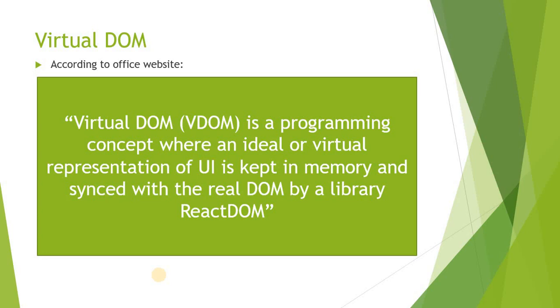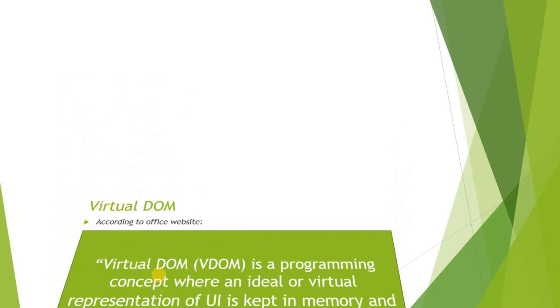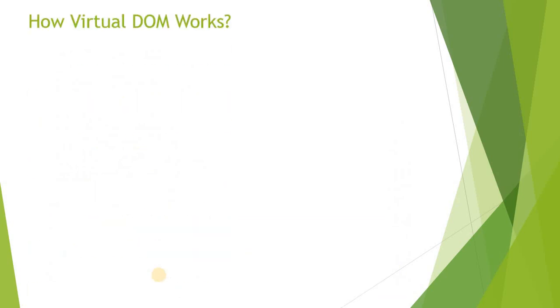Whenever you render your page, React creates a virtual copy of the actual DOM with the help of the React DOM library, which represents the entire tree structure of your page, same as the actual DOM. If you want to change or re-evaluate a particular DOM, you can manipulate it on the virtual DOM, not on the actual DOM directly.